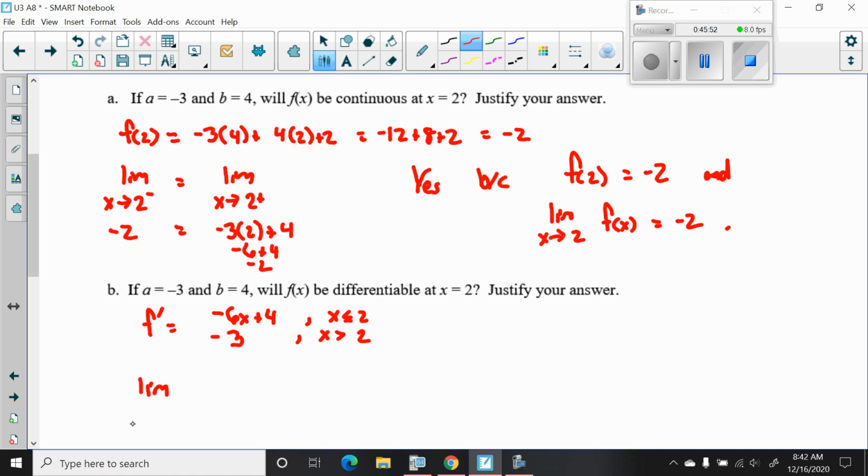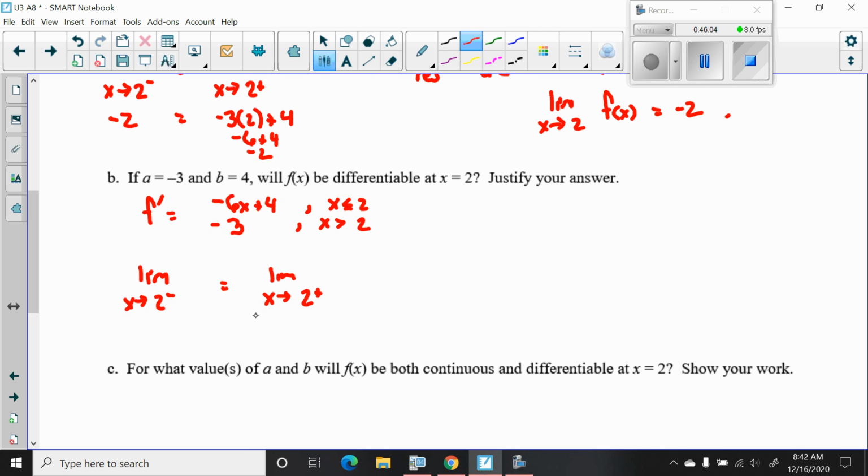So to be differentiable, the limit as x approaches 2 from the negative side must be equal to the limit as x approaches 2 from the positive side. And from the negative side would be -6 times 2 plus 4. So that's -12 plus 4 equals -8. And the other side is just the constant -3.